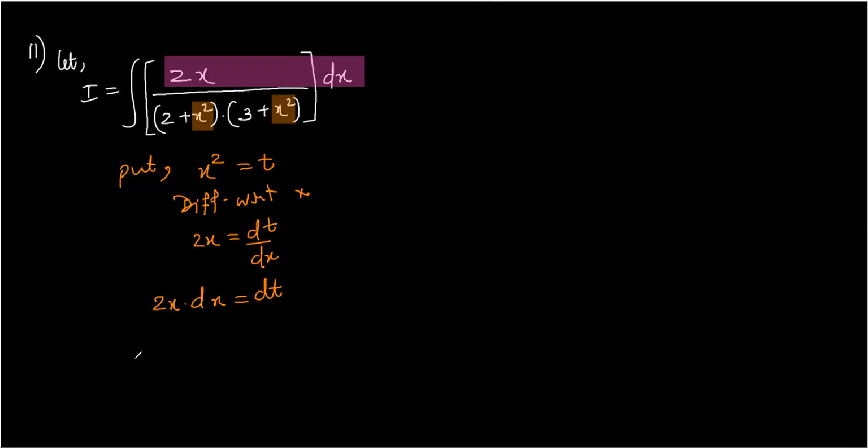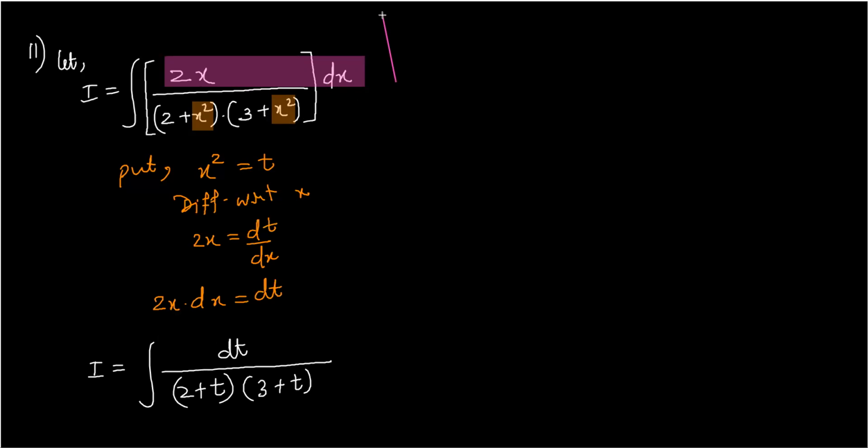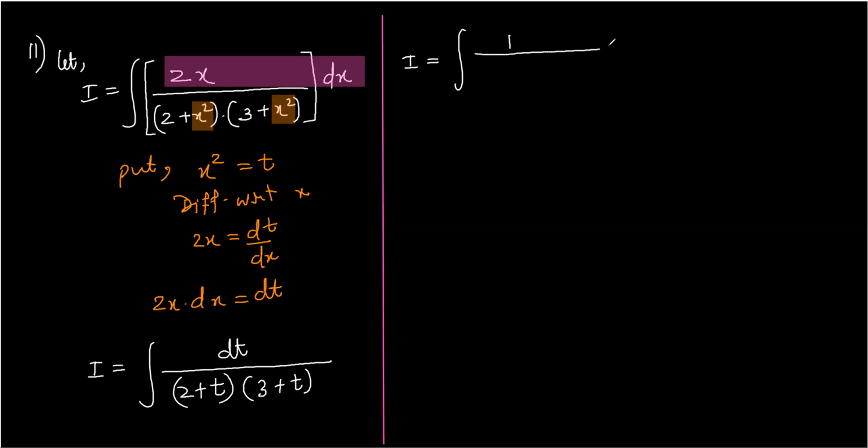Now, as you all know, we will write the new integral after substitution. The numerator is dt, and the denominator is (2 plus t) into (3 plus t). So we have here I equals integral of 1 upon (2 plus t) into (3 plus t) dt.